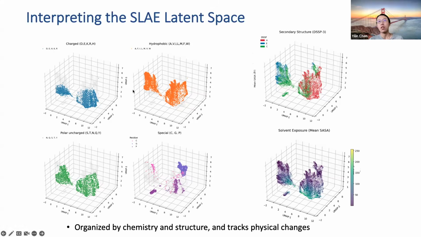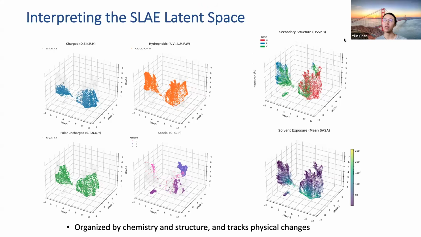On the left, you can see that it is organized by residue types. It is kind of expected that these clusters will have a dominant residue type, and residues with similar chemical properties will be clustering together. For example, hydrophobic are here, and then we have these special ones all around. On the right are more interesting ones.